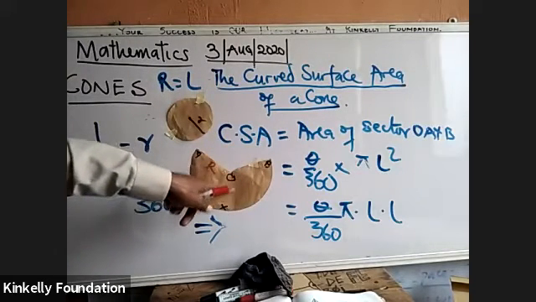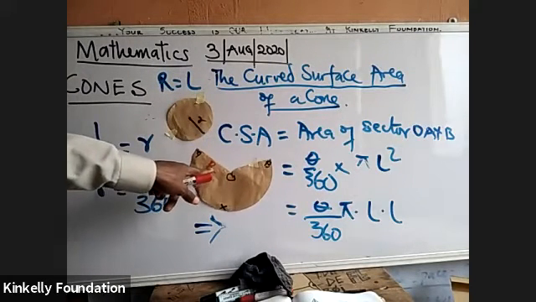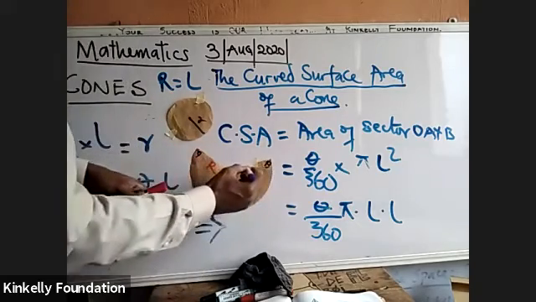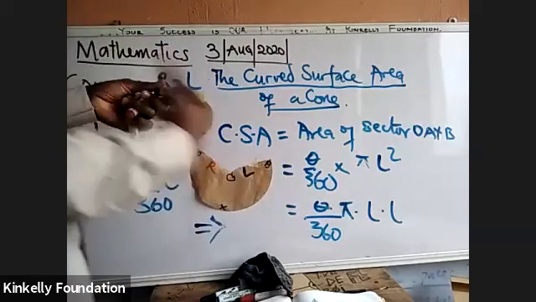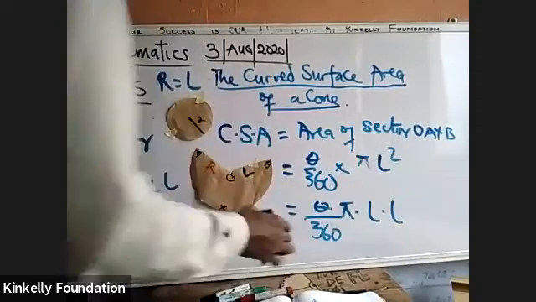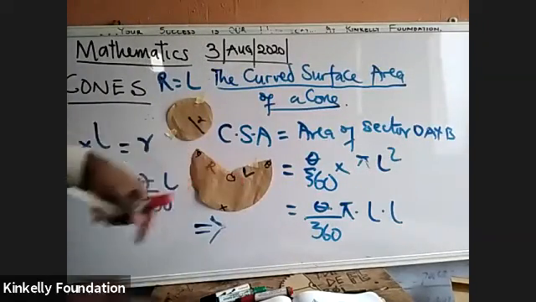Because we are talking about the bigger R, which is also the length. So that small r changes to the bigger R, and that bigger R is our length.